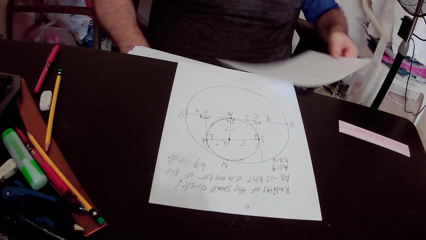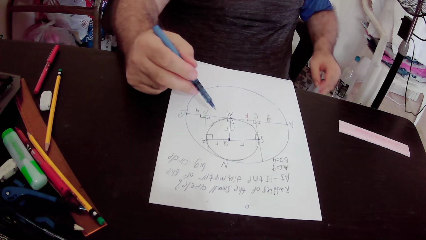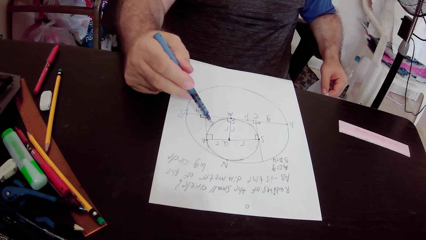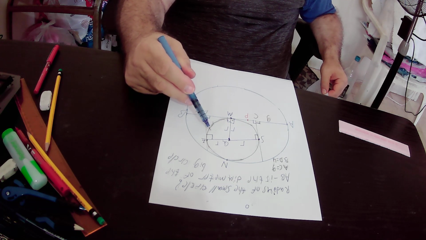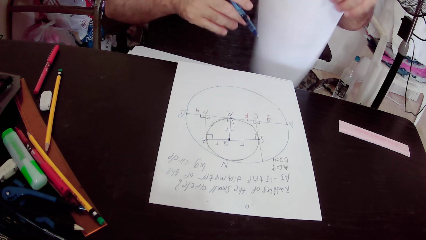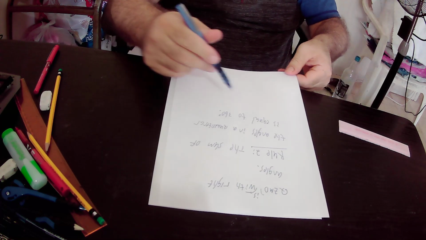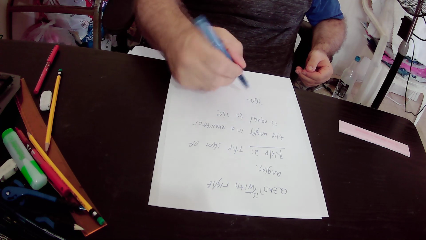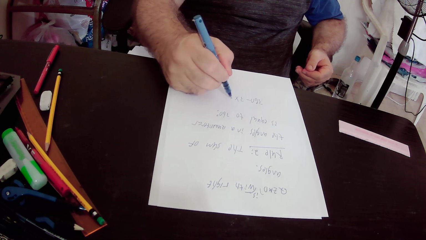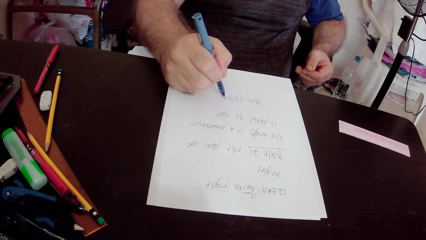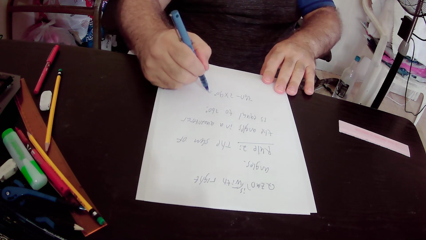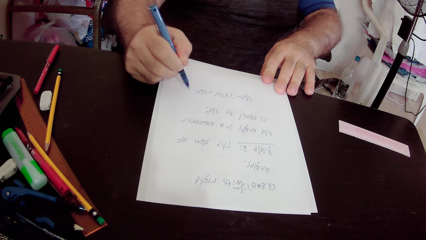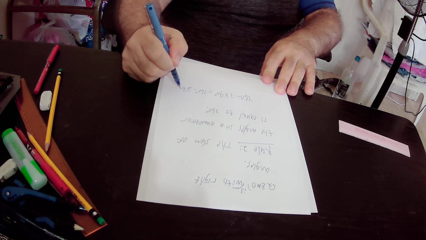So in quadrilateral QZMD we have three angles that equal 90 degrees. So the fourth angle must be equal to 360 degrees minus 3 times 90 degrees. That is to say, the fourth angle must be equal to 360 degrees minus 270 degrees.